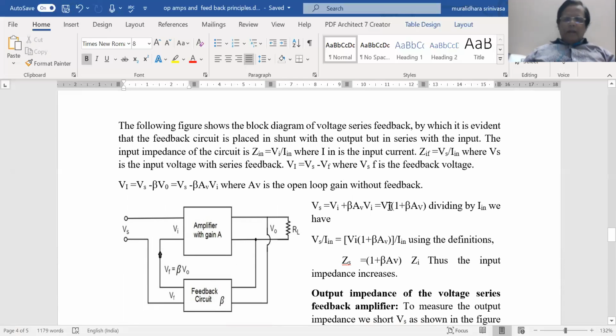So if we want to calculate some of the parameters, here we want the input impedance. Let us see what is the input impedance of the circuit. The input impedance of the circuit is Zin, which is equal to Vi by In, where In is the input current.